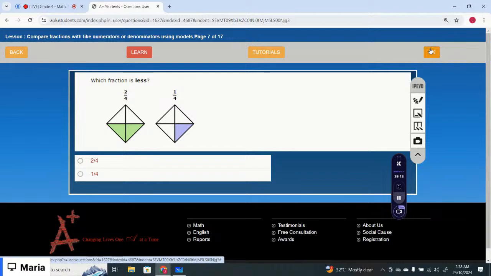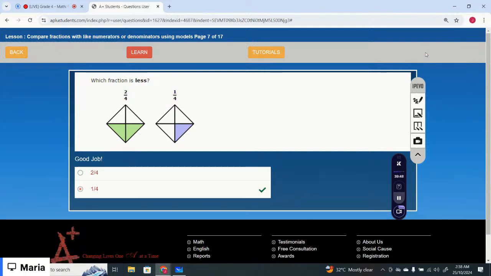2 by 4, 1 by 4. That is 1 over 4 is less than 2 by 4. The correct option is 1 by 4.